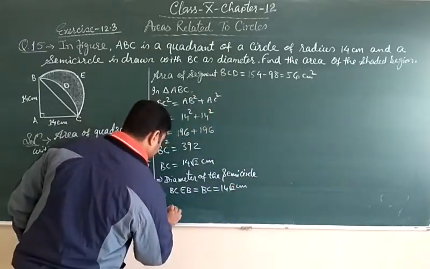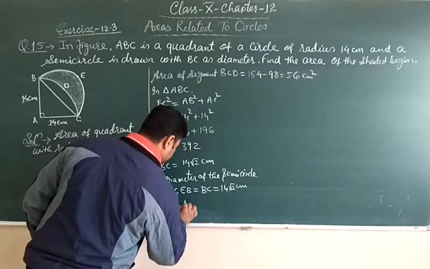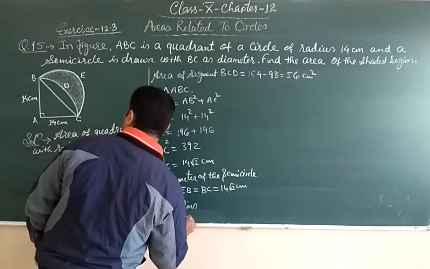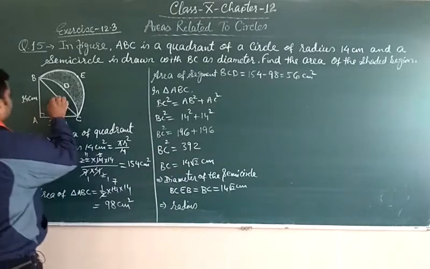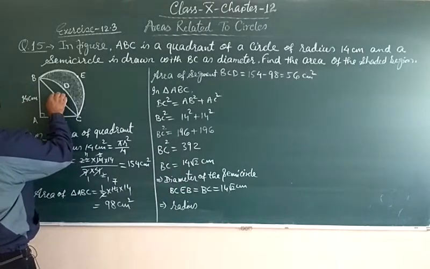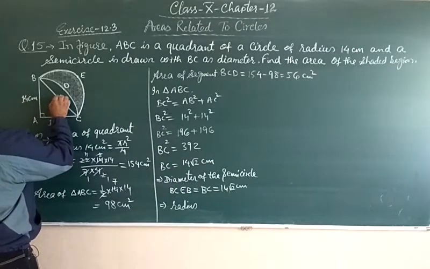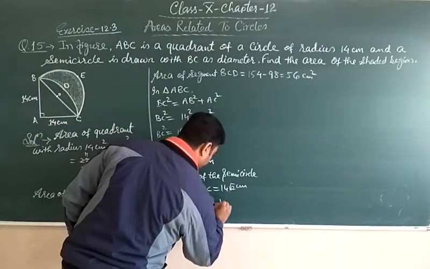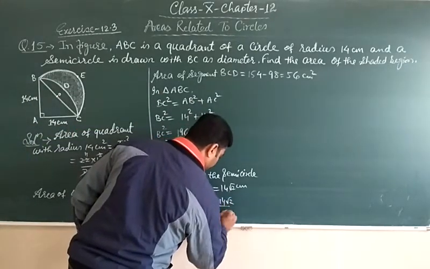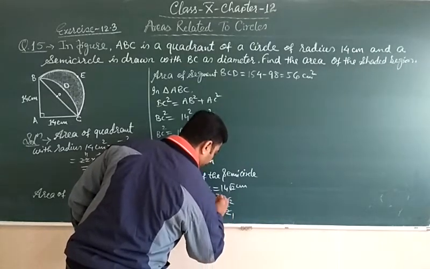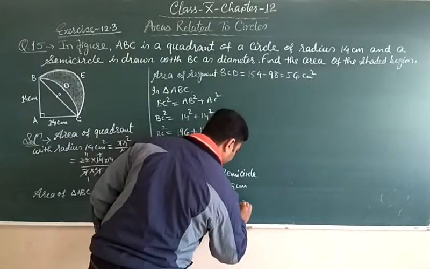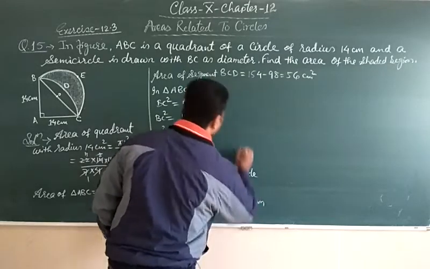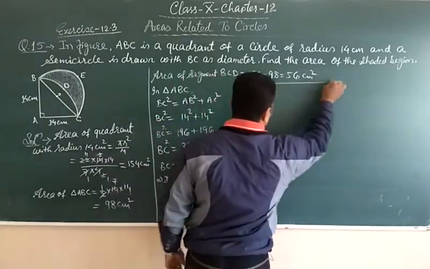This implies the radius, suppose it is radius O, let it be. Radius OB is equal to 14 root 2 upon 2, that is 7 root 2 centimeter. Clear?